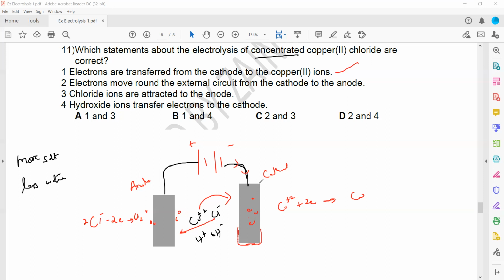They're not moving from cathode to anode. They're moving towards the cathode, and from the anode they're coming towards the positive terminal. So that's wrong. Chloride ions are attracted, that's true. Hydroxide ions do not transfer, it's not discharged. So statements 1 and 3 are the right answer.